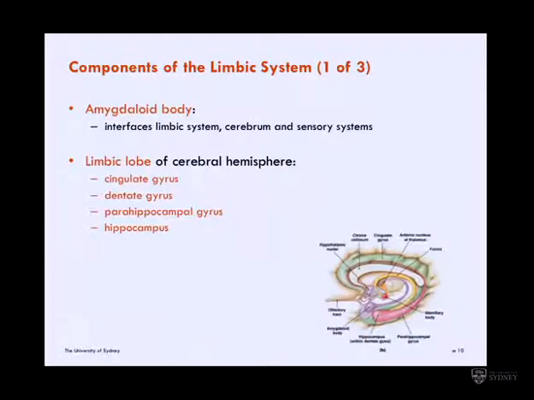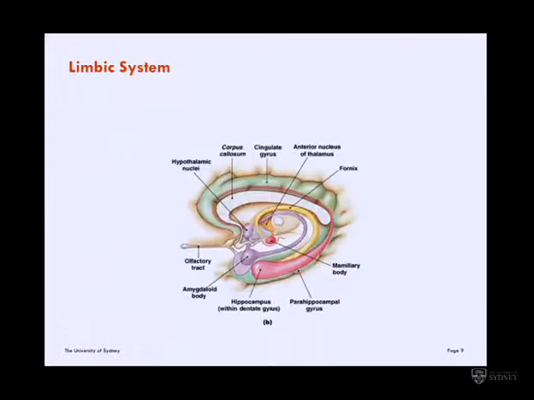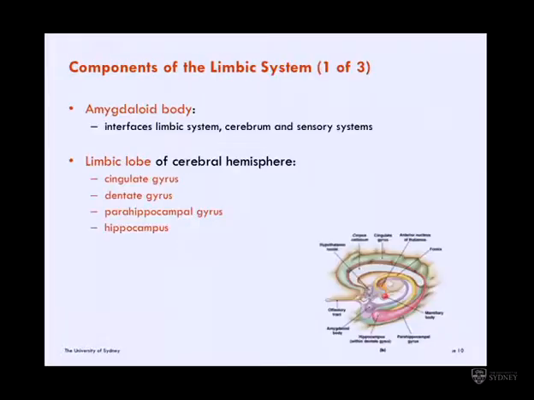Okay, components of the limbic system. That was just a blow up if you have to go back to it, if this thing is too small. Numerous structures in here. The amygdaloid body actually links the limbic system with the cerebrum and other sensory systems as well.